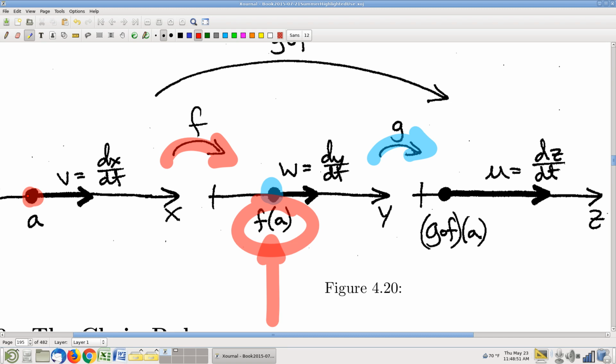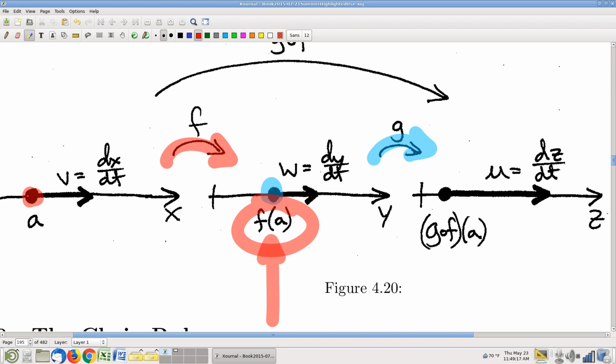That's the only thing that really makes sense. In fact, if you were to write G prime of A, where's A? G prime has never heard of A. The only numbers that go into G, and therefore G prime, are numbers that are values of Y. Y is F of X. A is a value of X. So G prime of A wouldn't make any sense at all.